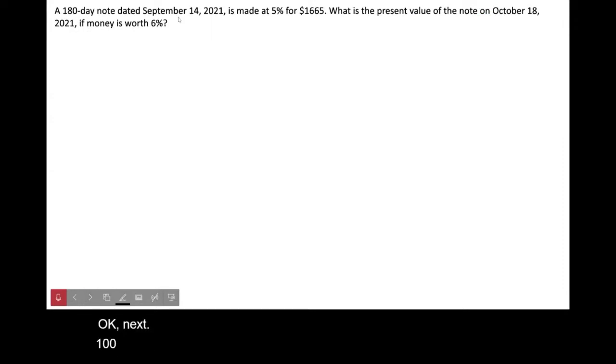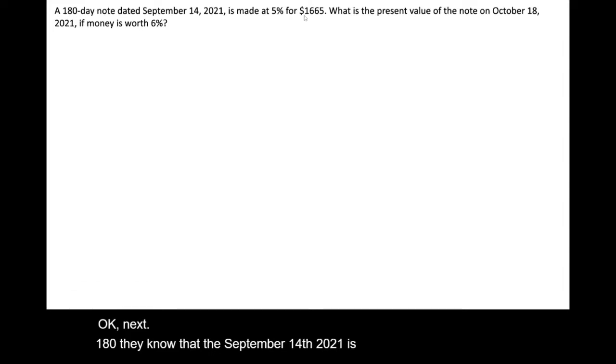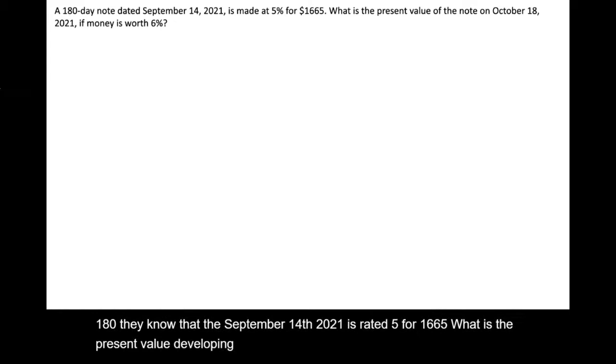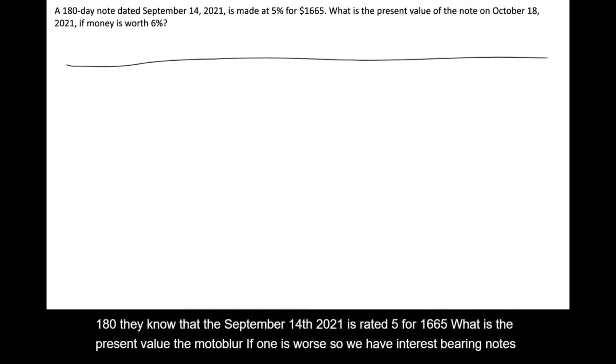A 180-day note dated September 14, 2021 is made at 5% for 1665. What is the present value of the note in October if money is worth 6%? So we have an interest-bearing note now.